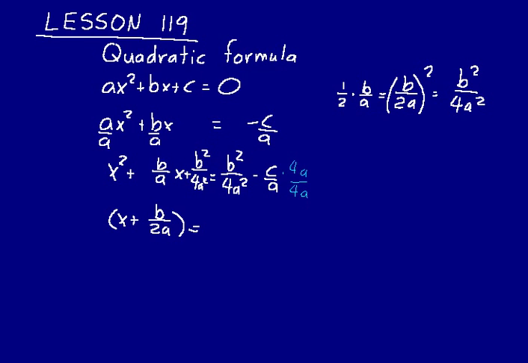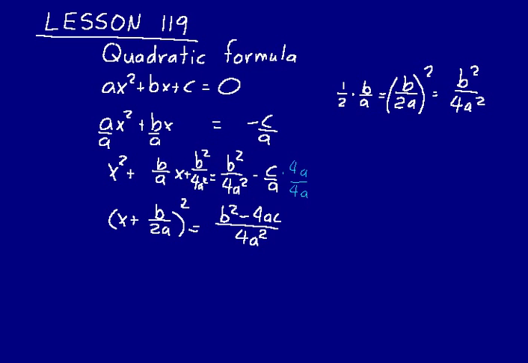And so that would give us b squared minus 4ac all over 4a squared. And I forgot to put the exponent of 2 there on the left.